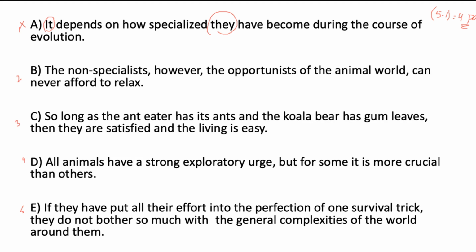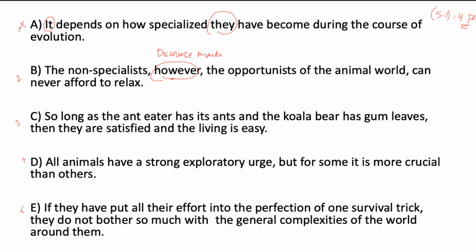The non-specialist, however, the opportunities of the animal world can never afford to relax. The non-specialist, however. So if you are one of our premium section members, we would have gone through locating the keywords. Here, however, is known as a discourse marker.